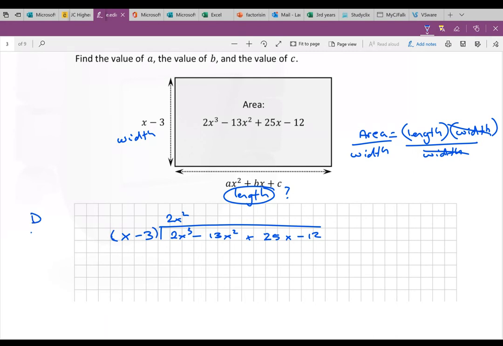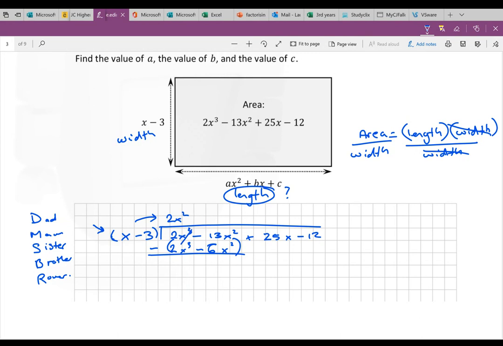It's divide, multiply, subtract, bring down, repeat, like we said: dad, mom, sister, brother, and Rover the dog. So x by 2x squared is 2x cubed, minus 3 by 2x squared is minus 6x squared, and then I subtract that whole term.